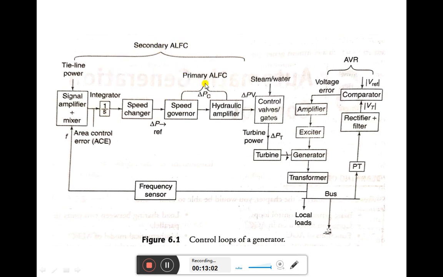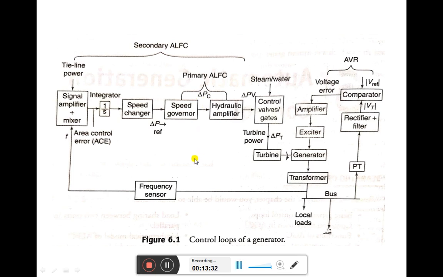Using both primary ALFC as well as secondary ALFC, we can have control over the system's frequency. We can maintain the system frequency at the nominal value, or even if there is a change in frequency, we can bring it back to its nominal value by making the necessary adjustment in the primary ALFC loop as well as in the secondary ALFC loop.